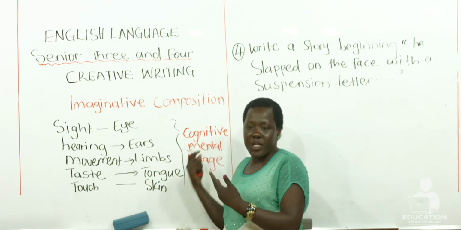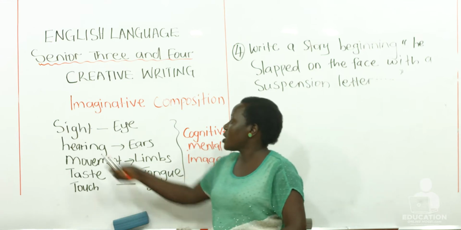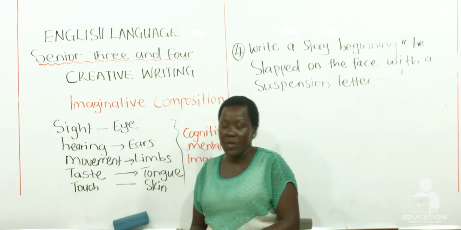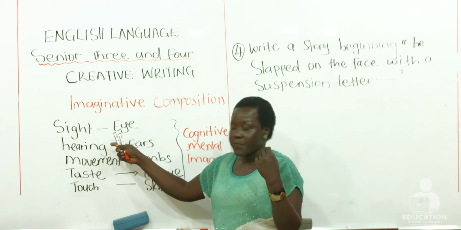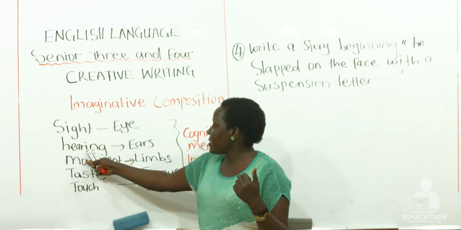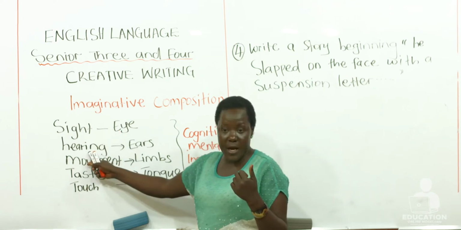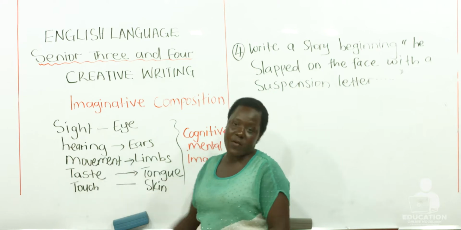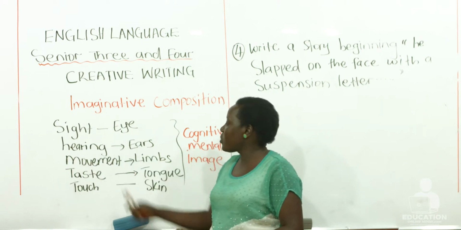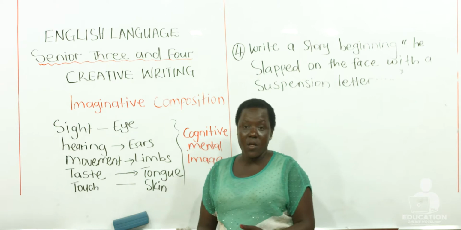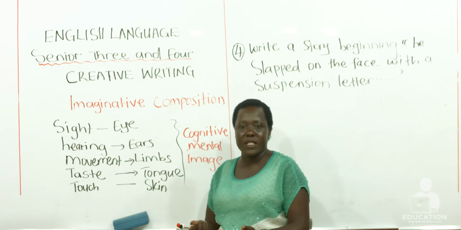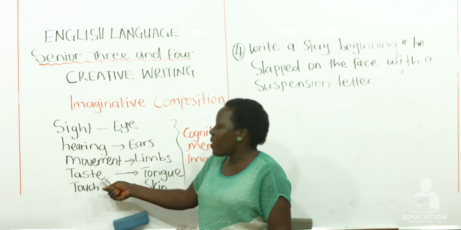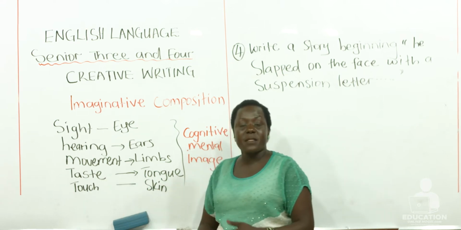Now the mental image or the brain should produce all these five senses. The first one is sight, which we use our eyes to see. We also use hearing. We use our ears to hear. That is the sense of hearing. Then I also told you that movement is another sense, which is generated from the limbs or the legs, for that matter. And our number 4 was taste.